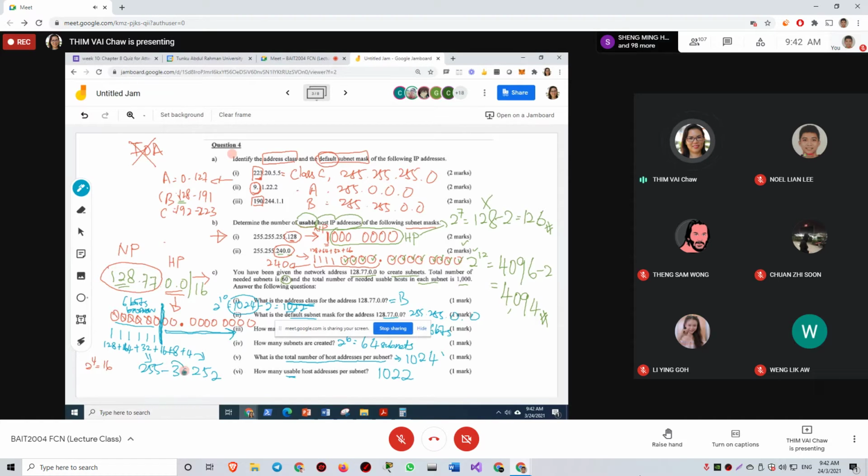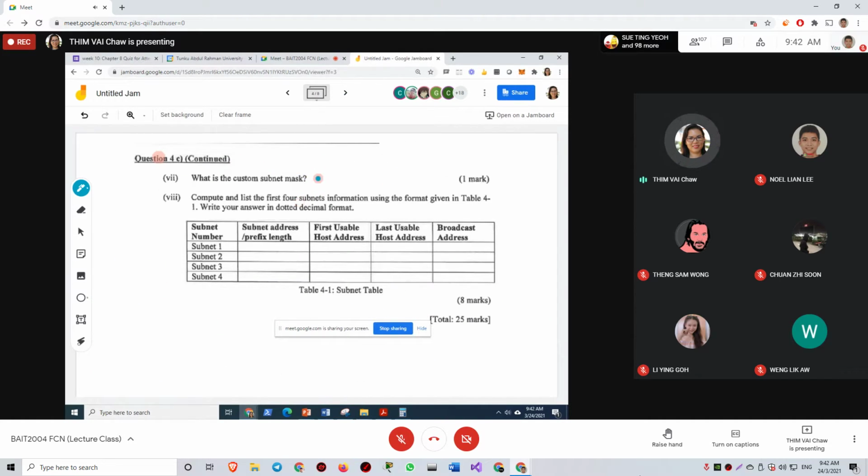I minus 3 because this one has a position value of 1, and this one has a position value of 2. So I can straightforwardly get 252. Remember, this only refers to the third octet. In the third octet, you are borrowing bits from the host portion to become the network portion. Therefore the first 2 octets remain 255, no change.